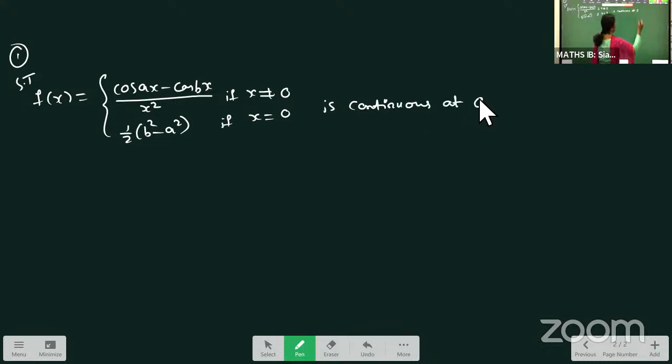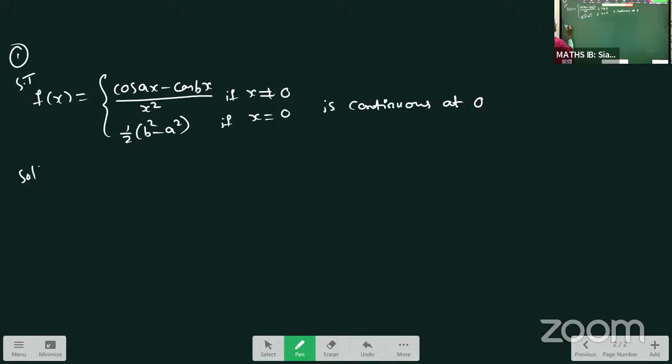Continuous at 0 means that by taking limit x tends to 0 f of x, if you get that value equals to f of 0, then directly we can say that it is continuous at x is equals to 0.